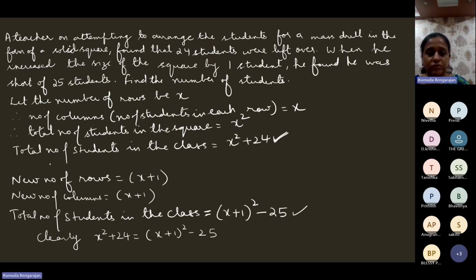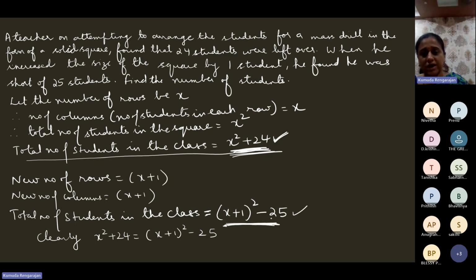So x is not the number of students. Total number of students in the class is x squared plus 24 or x plus 1 the whole square minus 25. You should substitute the value of x here or here to find the total number of students in the class. x does not represent the total number of students in the class.